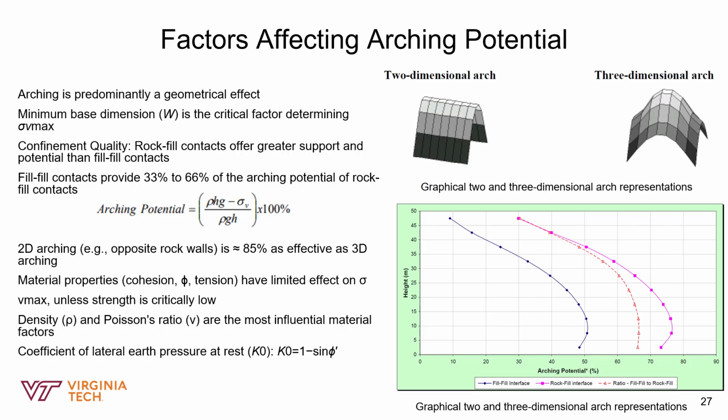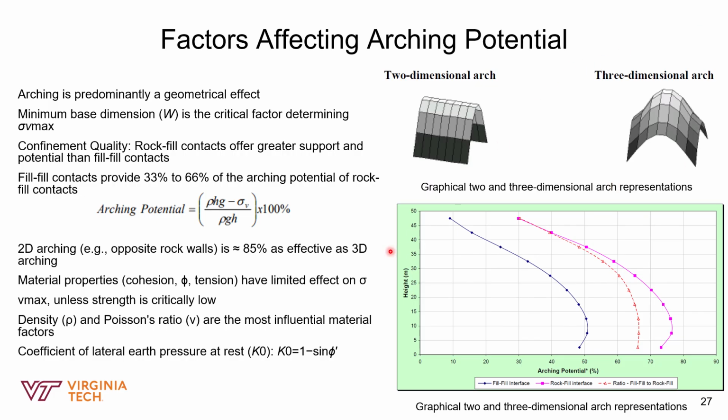The wireframe images on top compare a 2D arch to a 3D arch. The 2D is like a tunnel, the 3D is shaped like a dome. Whilst the 3D is stronger, a 2D is still very efficient, and it retains about 85% of the effectiveness of a full 3D arch.